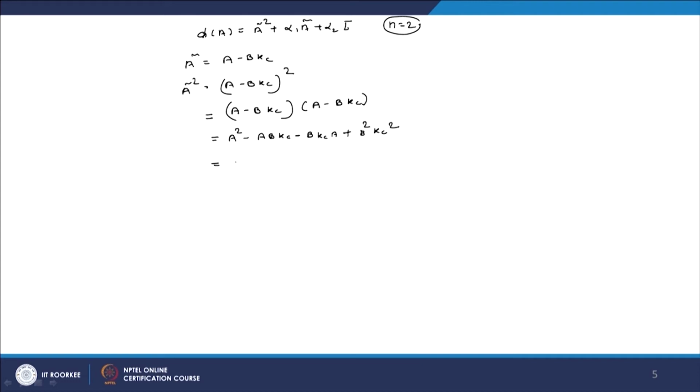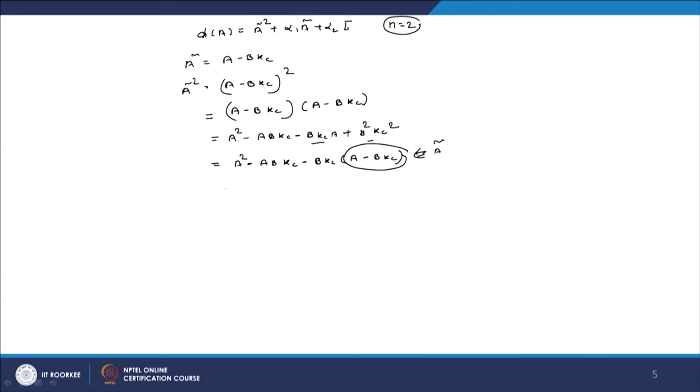Now after solving this we will get A square minus AB into Kc minus B into Kc, where B Kc is common, into A minus B into Kc, and we know that A minus B Kc is equivalent to A bar.